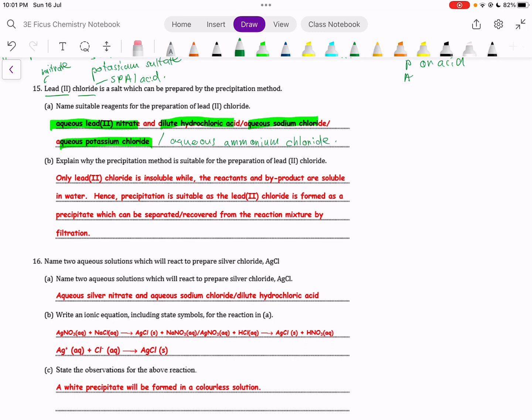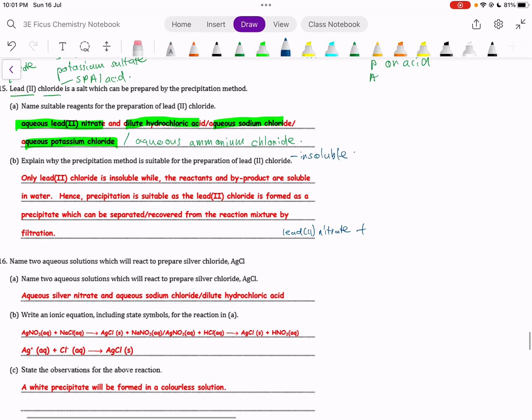Then next thing, explain why your precipitation method is suitable for the preparation of your lead 2 chloride. Why it is suitable is because lead 2 chloride itself is insoluble. Then you are using two solutions, say lead 2 nitrate and then for example sodium chloride.